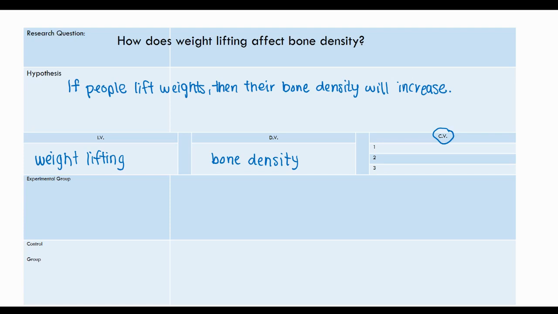So the control group is down here. This is the group that does not get the treatment. The treatment in this case is the weightlifting. So the treatment is always going to be the independent variable. So this is a group that does not get the treatment. What we should write is who or what we're talking about, who or what's going to be in the group, and who's going to be in this group are people who, let's say, do not lift weights because they are not getting treatment.